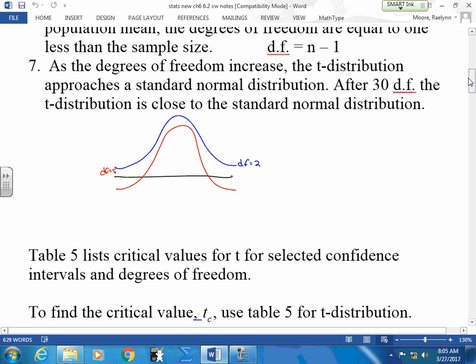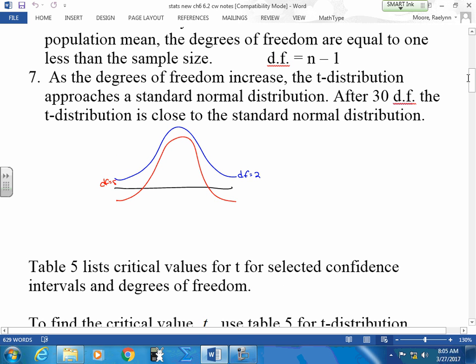Let me see if I made the curve. There it is. Mine's a little off here. What happens is this: as your n changes, your curve gets closer to a z-score curve. As it reaches 30, it's almost like having a z-score curve again.